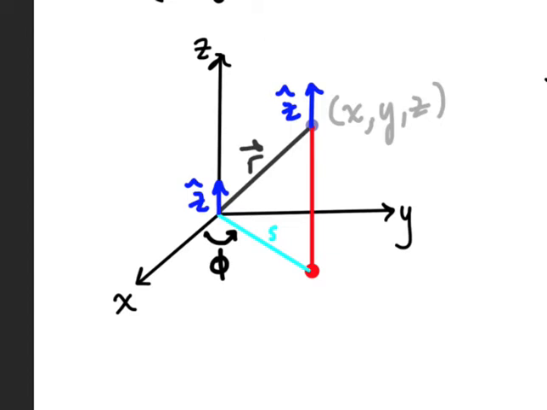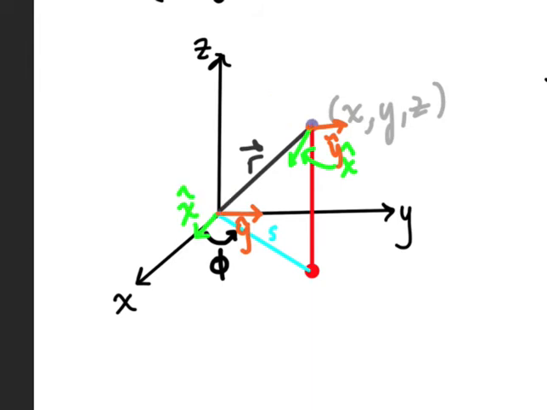And so if we put them all back together, we have x hat, y hat, and z hat. And those are all the components we need to describe our position from the origin to the point.